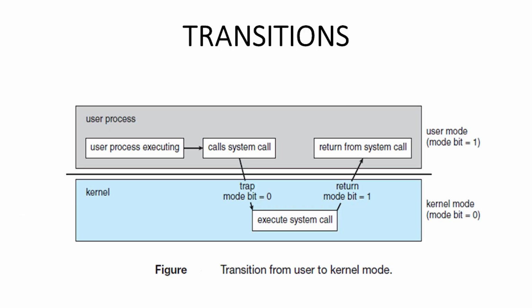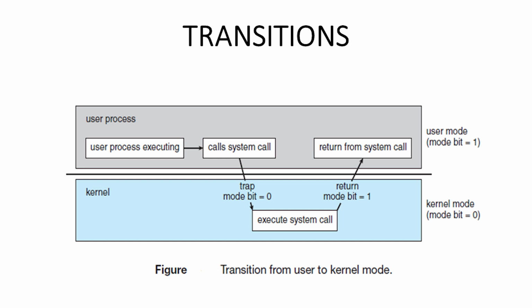The next diagram is given for transition. We will see what is transition. When the user process executes the user application, it is in user mode. When a trap or interrupt occurs, the hardware switches from user mode to kernel mode.